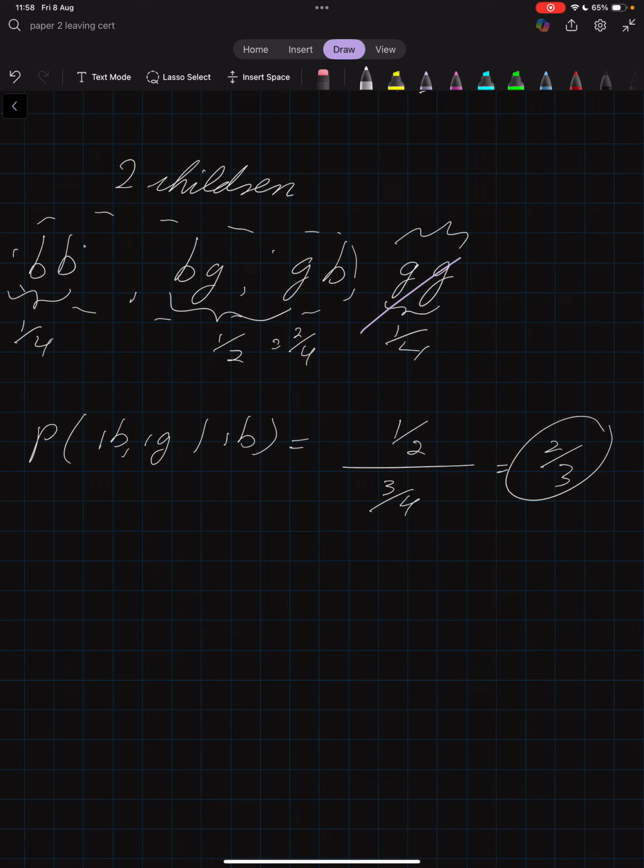Remember, I asked what's the chance that I get 1 boy, 1 girl. I've gotten rid of this probability, so I'm only left with 2 out of the 3 having a boy and a girl, and therefore my probability is 2/3. So that's one thing to be careful with in probability: sometimes the answers are very obvious, but sometimes they're not. So it's very important to use the formulas that you're given if you're any bit not sure. Okay?